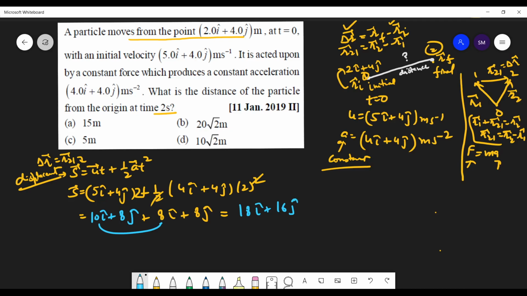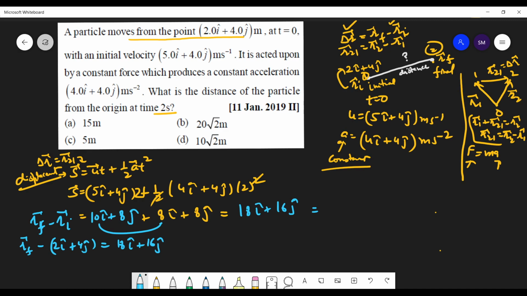So students, that's final position minus initial position. That's your displacement. Now what is given to you? What is the value of Ri? Ri is given to you. So Rf minus Ri is your 18 i cap plus 16 j cap, and that equals 2 i cap plus 4 j cap.